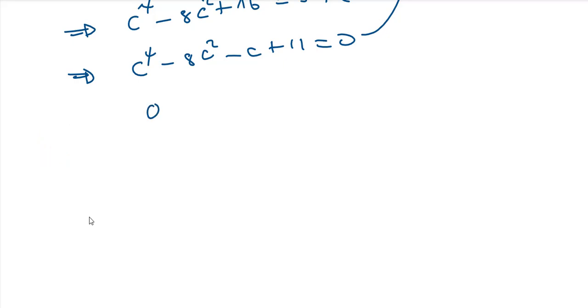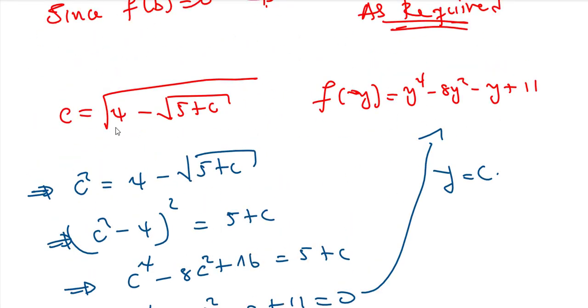Now let's use the other methodology to get c. So we are going to replace c inside our equation, and our c is 4 minus root 5 plus c, all of them is square root.